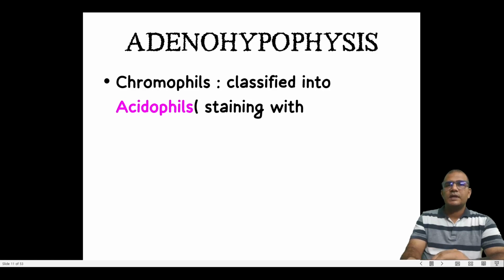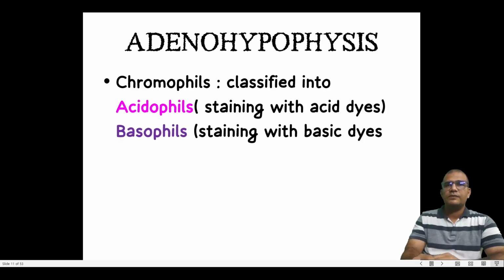Chromophils are further classified as acidophils and basophils. The acidophils have affinity for the acidic stains, whereas basophils have affinity for the basic stains. We know that acidophils, with acidic stains, will be seen as pink color, and basophils will be seen as blue color.